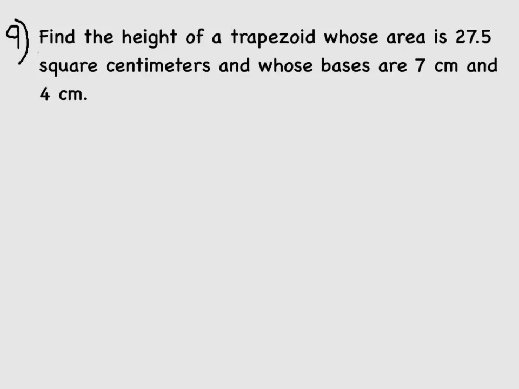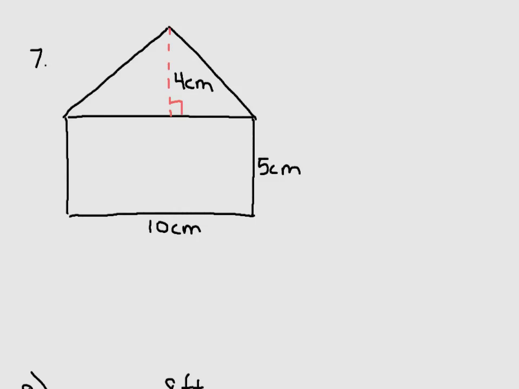All right, let's go on to number 7. Here we go, number 7. Notice that number 7 is a 5-sided figure. It's a pentagon. And so we don't have a formula for area of a pentagon, but we can divide this figure into two familiar figures if we were to divide it right here.